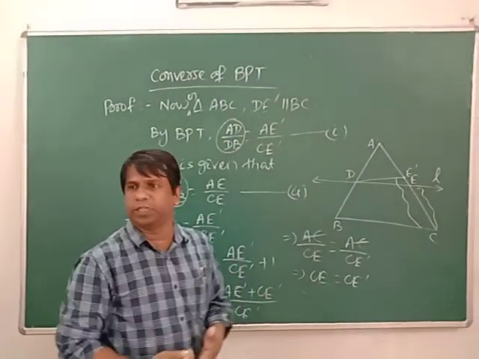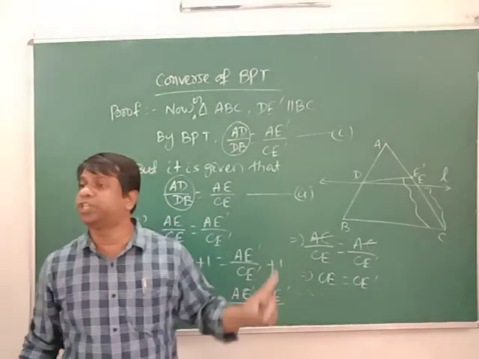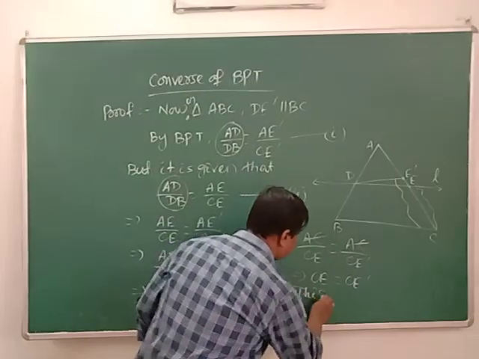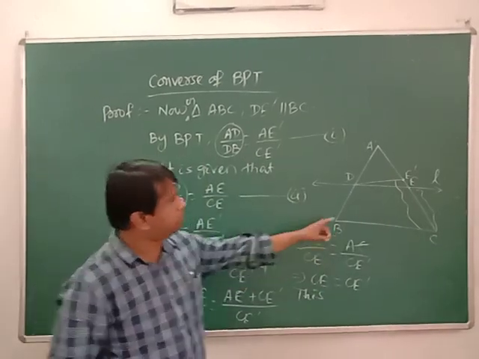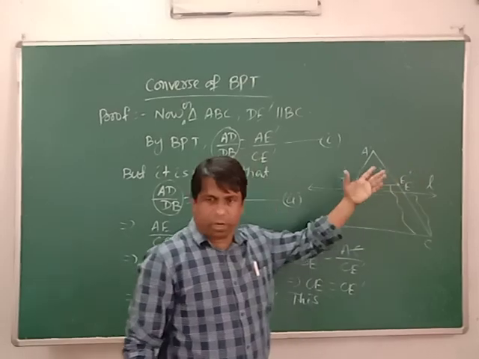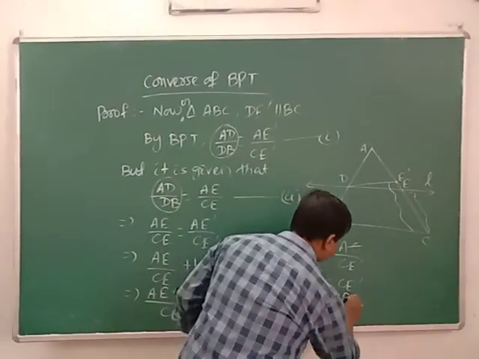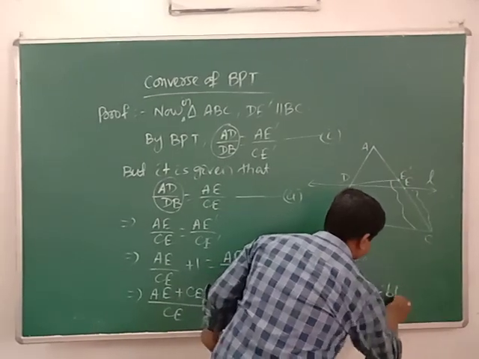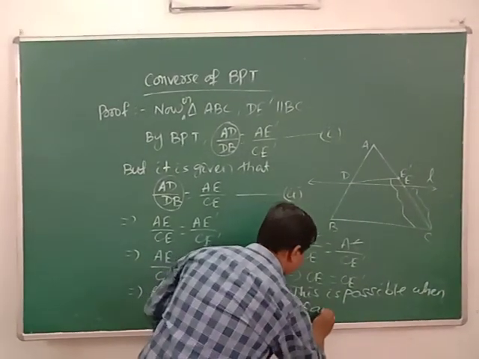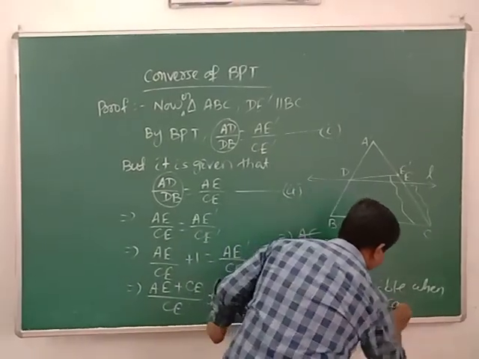So when will it be possible? When these two points are not distinct, they are the same point. So this is a contradiction, because I had taken E and E dash as distinct points, and now they are coming out the same point. This is possible when E and E dash coincide.